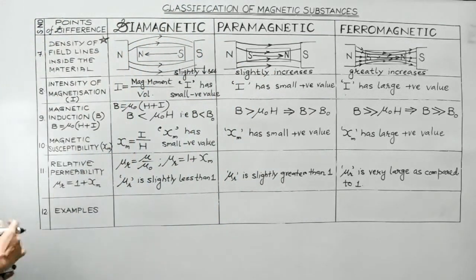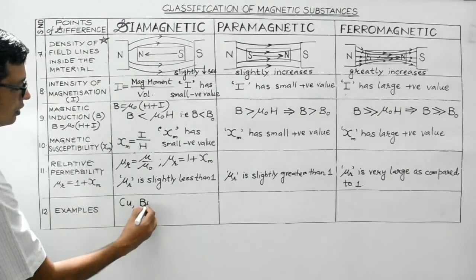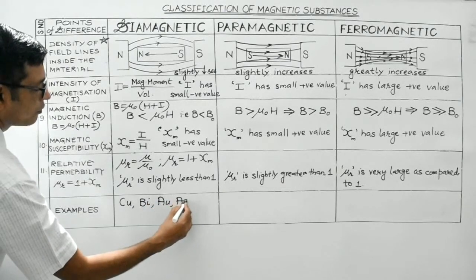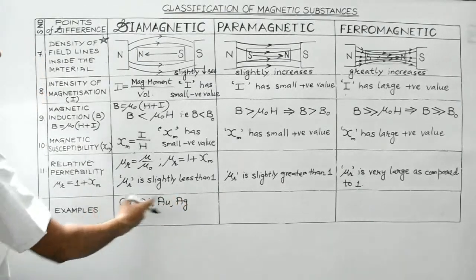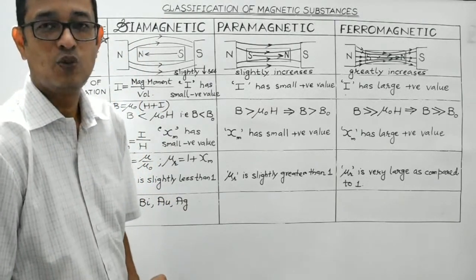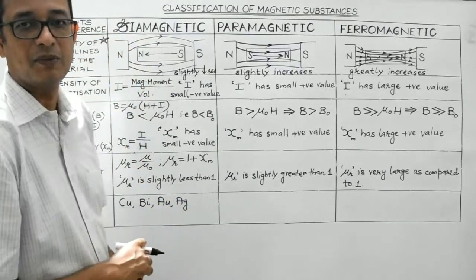Examples of diamagnetic substances: copper, bismuth, silver, gold. These all are the examples of diamagnetic substances. Water, NaCl, they all are the examples of diamagnetic substances.